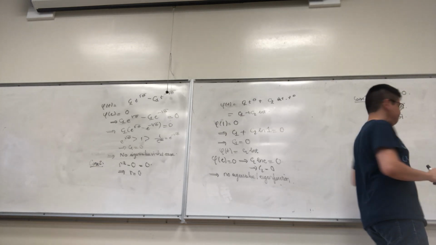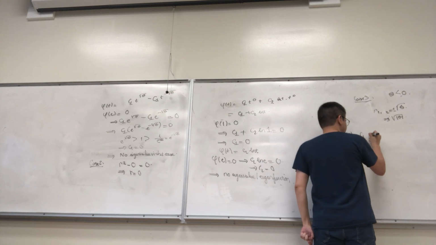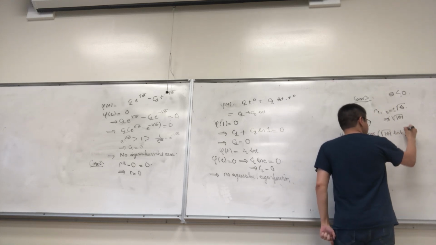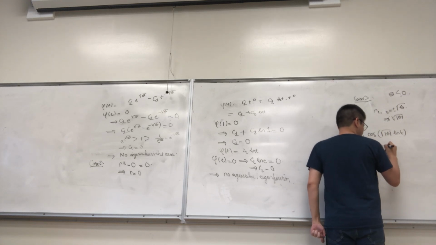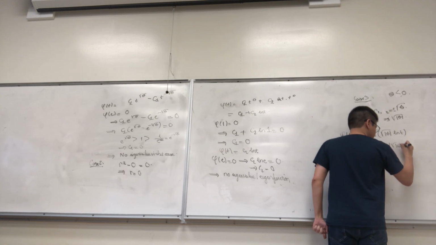So for this case, you're going to get phi of t will be C1 cosine of square root theta log t plus C2 sine of square root theta log t.